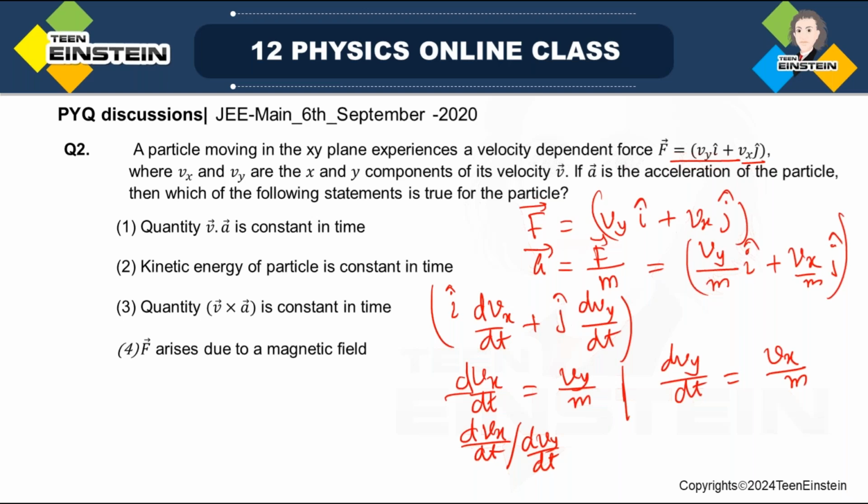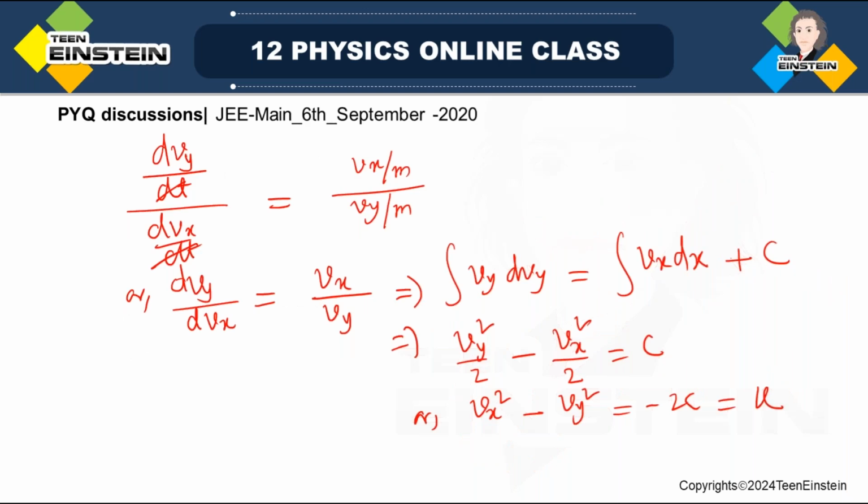It is not constant in time. So you can see from here that vx square minus vy square is actually changing with vy. All right, so vx and vy both are dependent on each other, and these velocities are actually time dependent. So that's why that is not true.